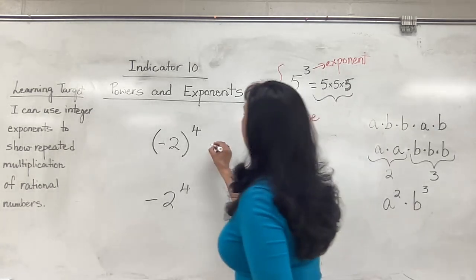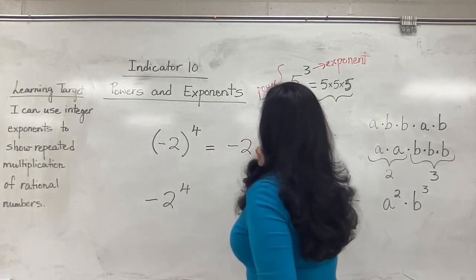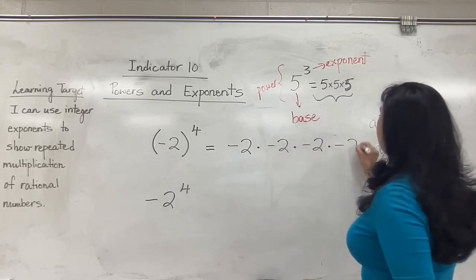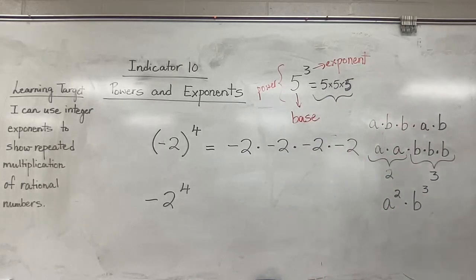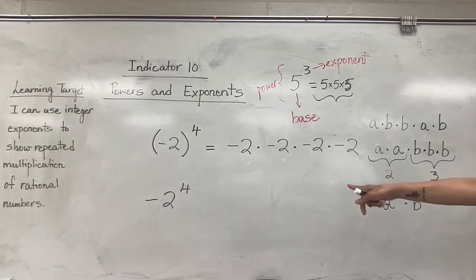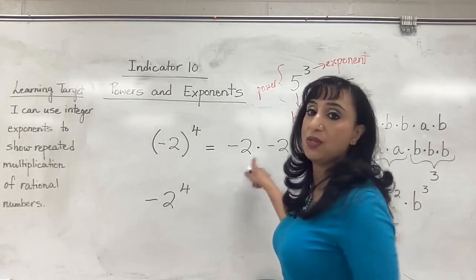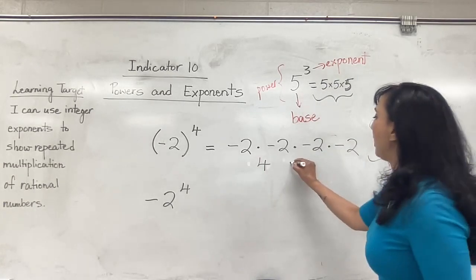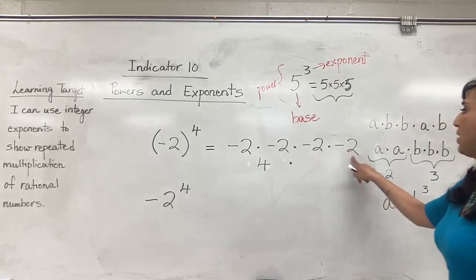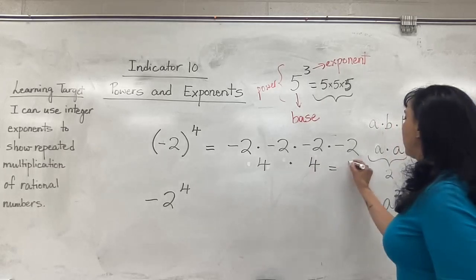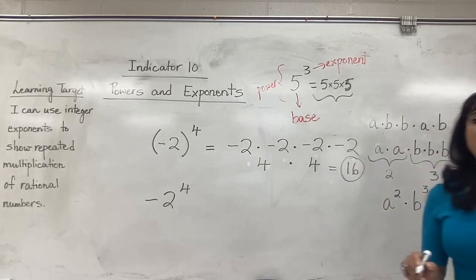So in this case, we have negative 2 times negative 2 times negative 2 times negative 2. When I do that, I know that negative times negative gives me a positive number. So negative 2 times negative 2 gives me positive 4, times, I can do this again, negative 2 times negative 2 gives me a positive 4. And 4 times 4 is 16, a positive number.